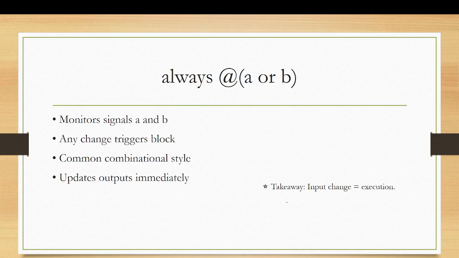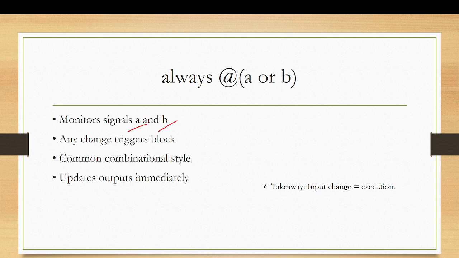Now, let's see a simple example, always @ A or B. Suppose the sensitivity list contains two signals, A and B. Now hardware watches both. If A changes, the block executes. If B changes, the block executes.